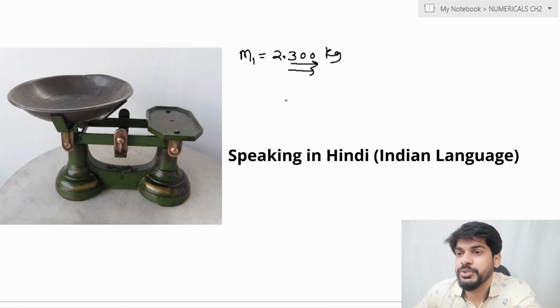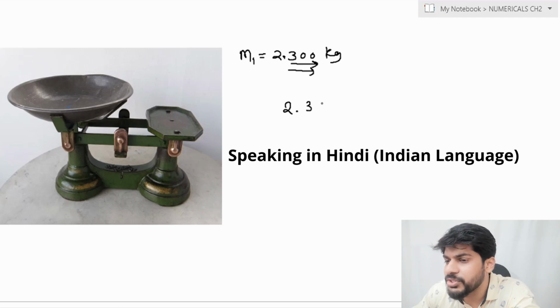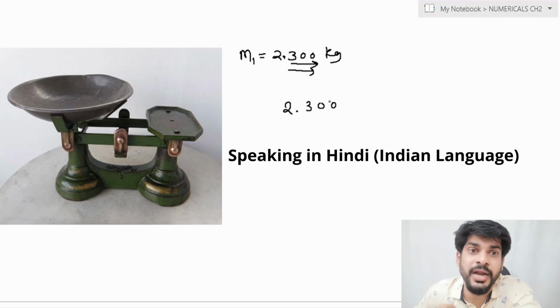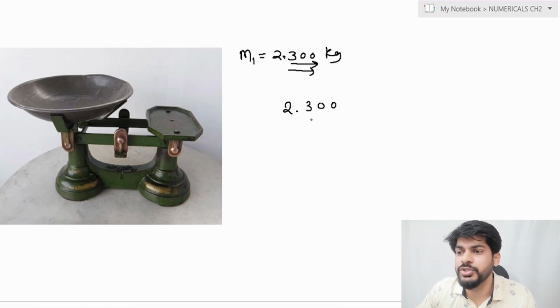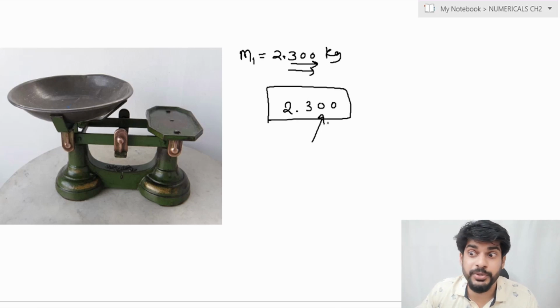So what do we mean by this? This 2.300 representation is not a right representation. There is something wrong with this, because the grocer will not be able to give us such a precise measurement with his instrument.